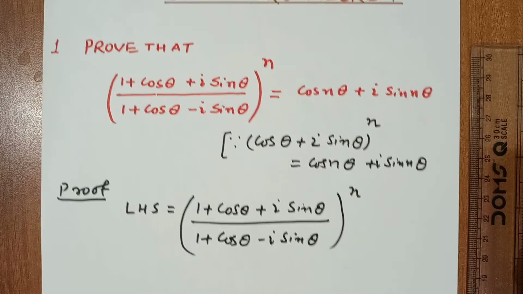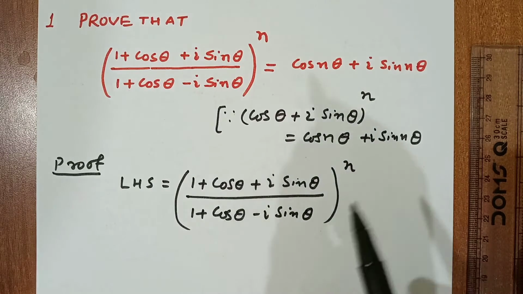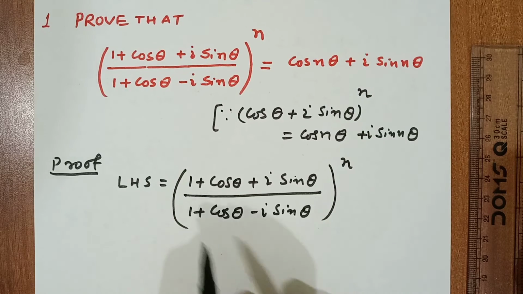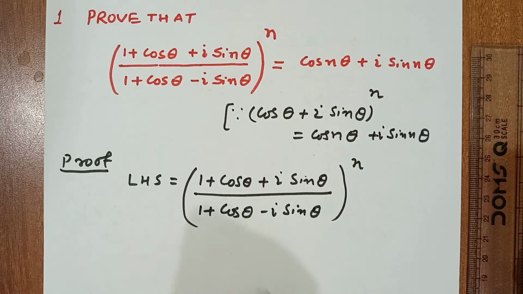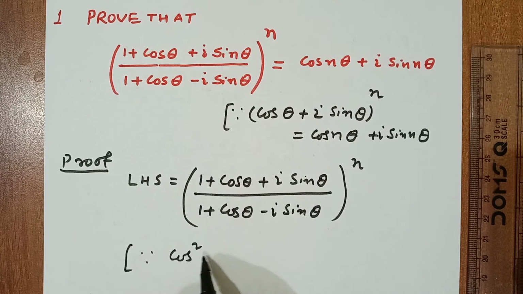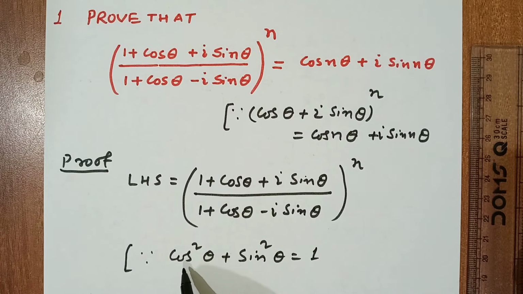Now there are so many techniques to prove this, but I am going to solve it by a very simple technique. In trigonometry, we have cos square theta plus sin square theta is equal to 1, meaning in place of 1, we will write cos square theta plus sin square theta.